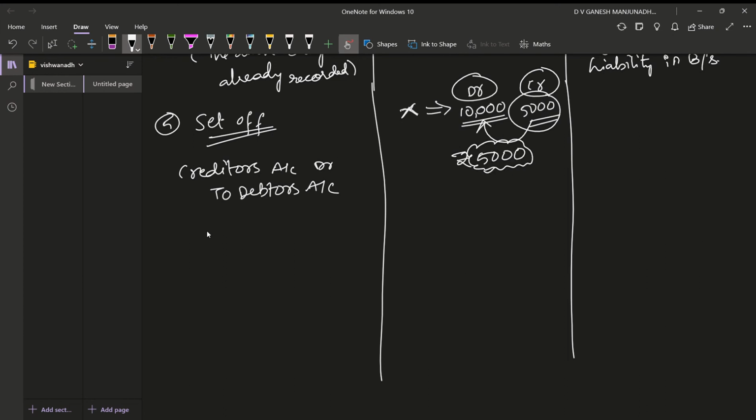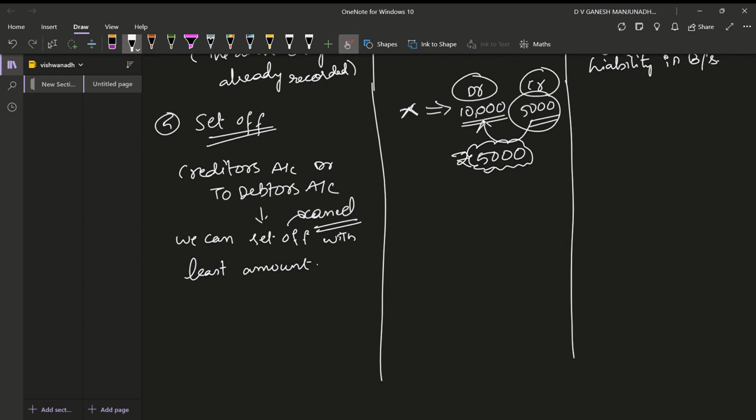That means in set off we can set off with the least amount. Set off means cancel.